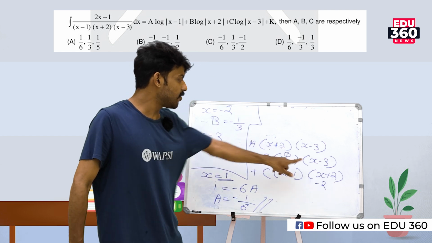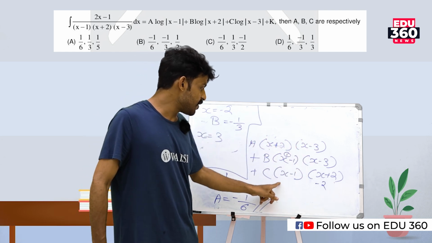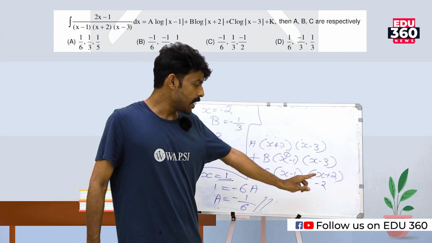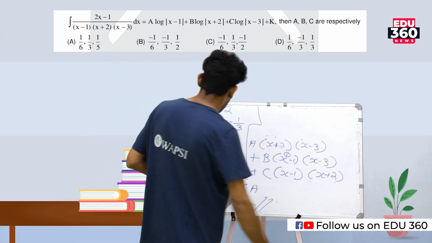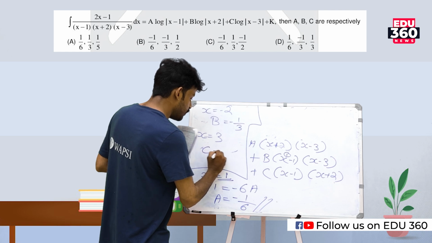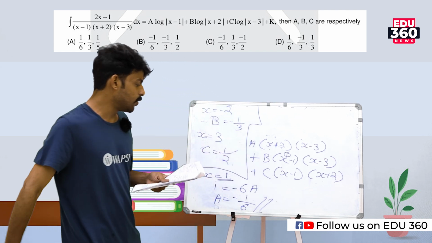So when the value of x is equal to 3, the terms a and b will become 0. Only this term, 3 minus 1 means 2, and here 3 plus 2 means 5. So for x is equal to 3, we got c is equal to 1 by 2.